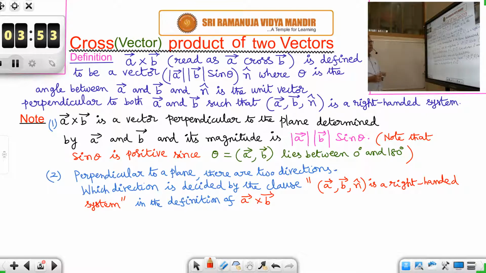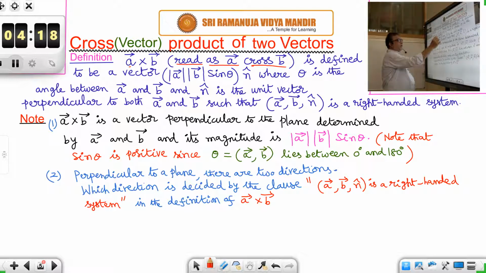Now, the actual definition of the cross product. Cross or vector product of two vectors. Definition: A bar cross B bar, read as A bar cross B bar. You should read it like this. A bar cross B bar is defined to be a vector. Vector means we have to tell its magnitude and also its direction.